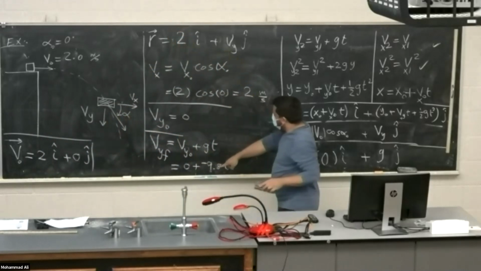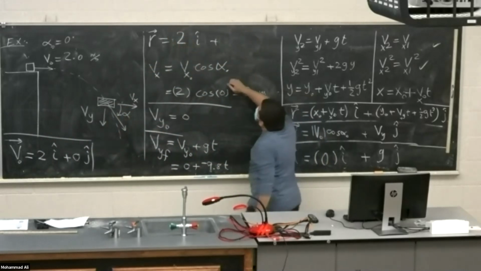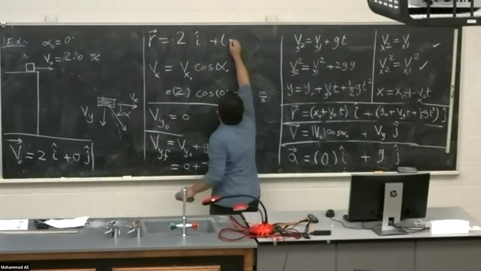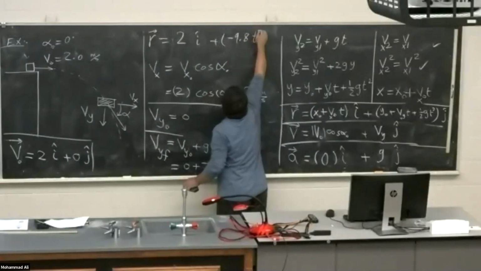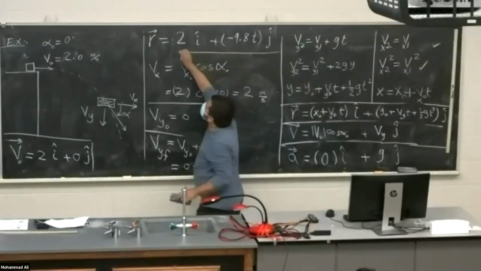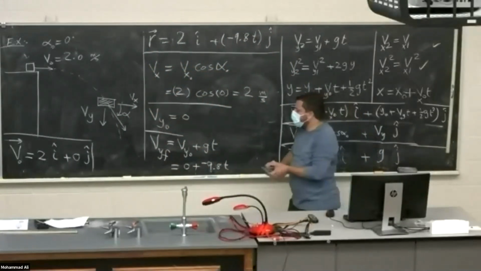Vy is 0 minus 9.8, which is negative 9.8 T in J direction. This is the velocity vector for our motion, right?